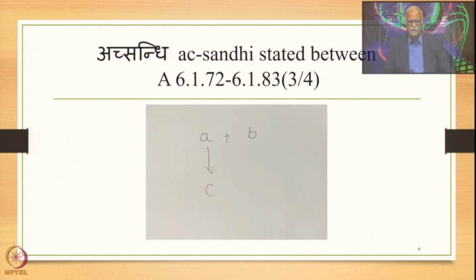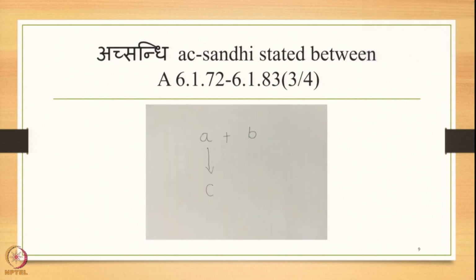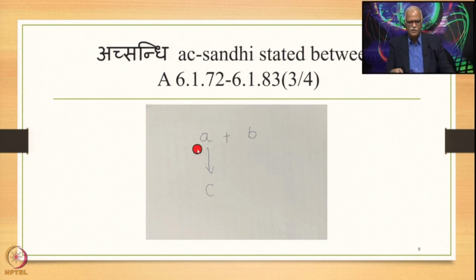To show it diagrammatically, we can say that this is A and this is B, and both of them are vowels. Now the rules stated in this section of 6.1.72 to 83 state that if these A and B, both vowels, are uttered in a samhita mode, then this A is replaced by this C, and B of course does not change, it remains as it is.